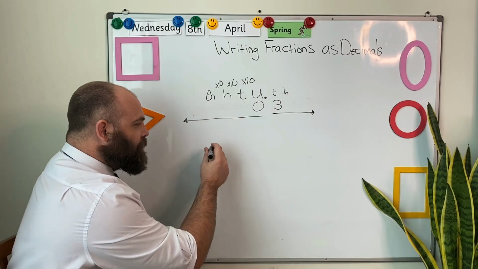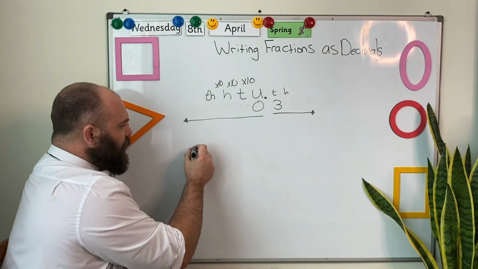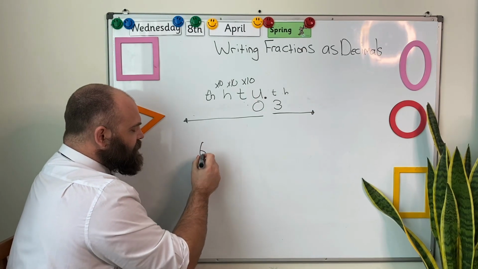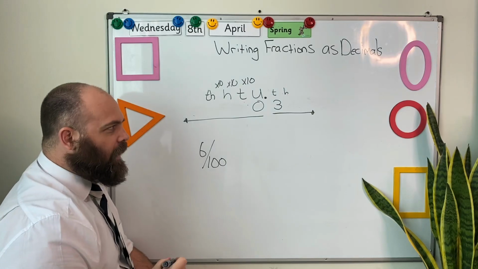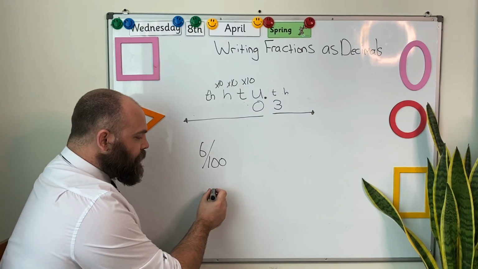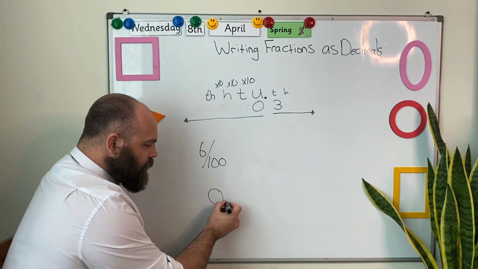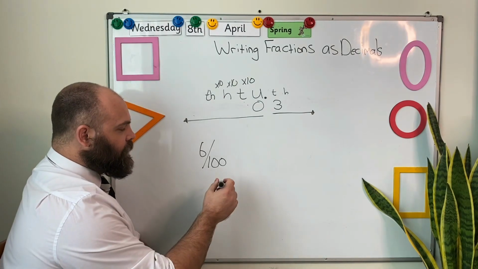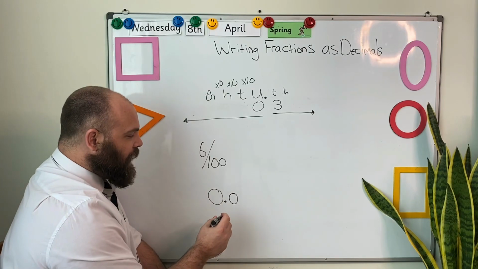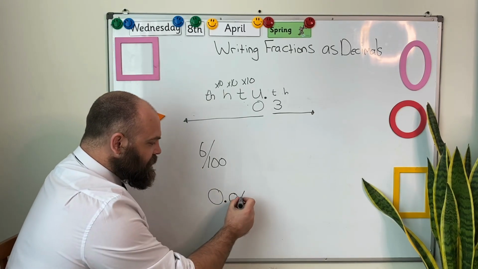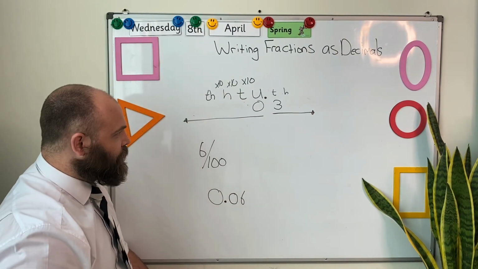But if I had this fraction over here, let's say 6 hundredths, I would have to write it as 0 ones. Don't forget your decimal point. I don't have any tenths, and I have 6 hundredths. All right.